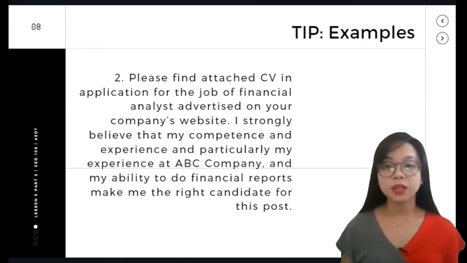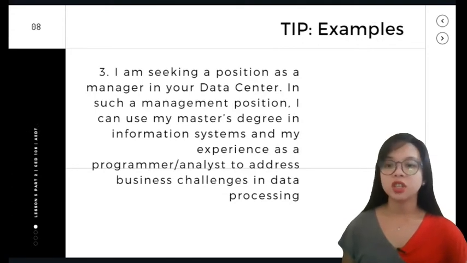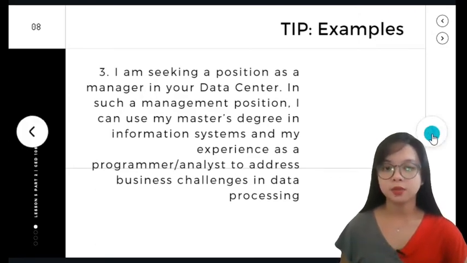I strongly believe that my competence and experience, particularly at ABC Company, and my ability to do financial reports make me the right candidate for this post. Another, I am seeking a position as a manager in your data center. In such a management position, I can use my master's degree in information systems and my experience as a programmer or analyst to address business challenges in data processing.